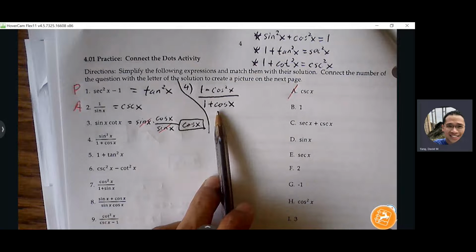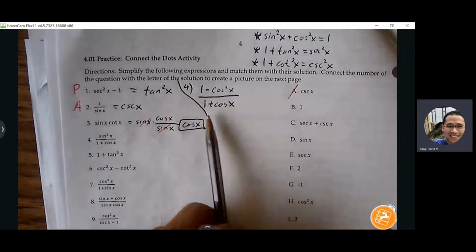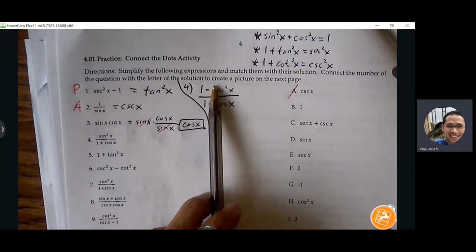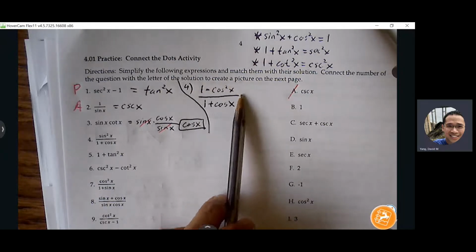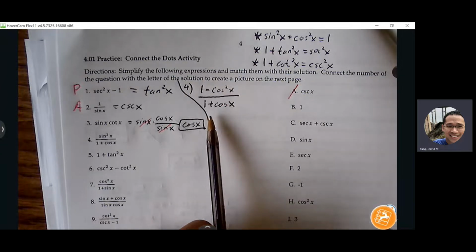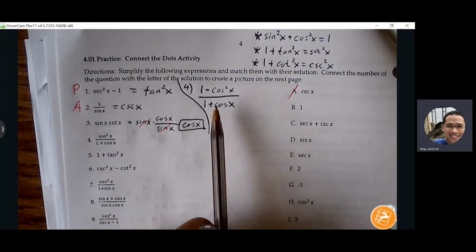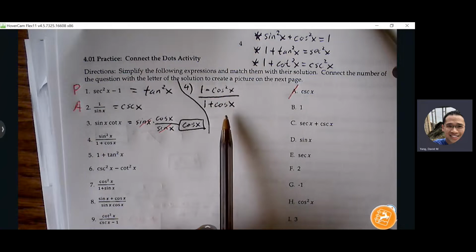All right, the temptation is to start canceling things out, right? 1 goes away, cosine goes away, maybe we're just left with negative cosine x. But it's not as easy as that. Why? What's the issue here? Why can we not just start taking stuff out? The 1 term. Okay.